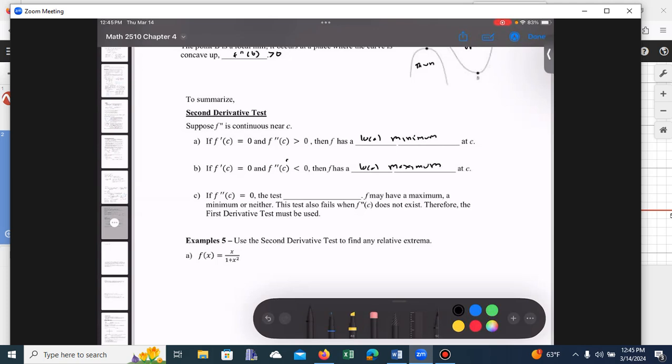Right, so this is concave down, gives us a maximum. Concave up gives us a local minimum. If the derivative at c equals 0, and the second derivative at c also equals 0, then the test is inconclusive. There could be a maximum, there could be a minimum, or there could be neither. So we don't know.